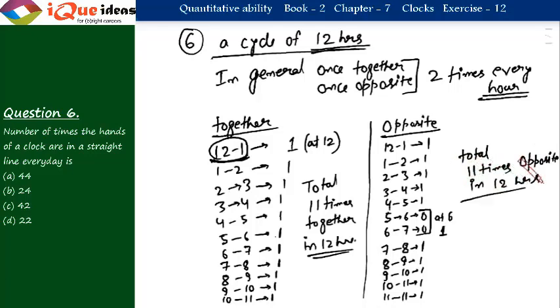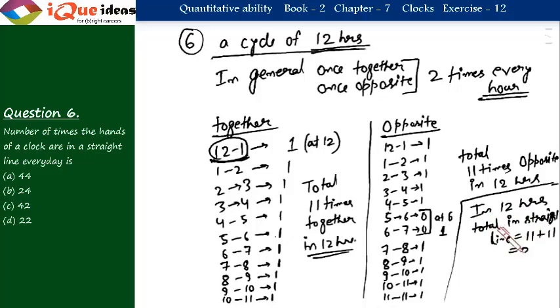So if you see, in a cycle of 12 hours, they are either opposite or together, total in a straight line, is equal to 11 plus 11, that is 22 times.